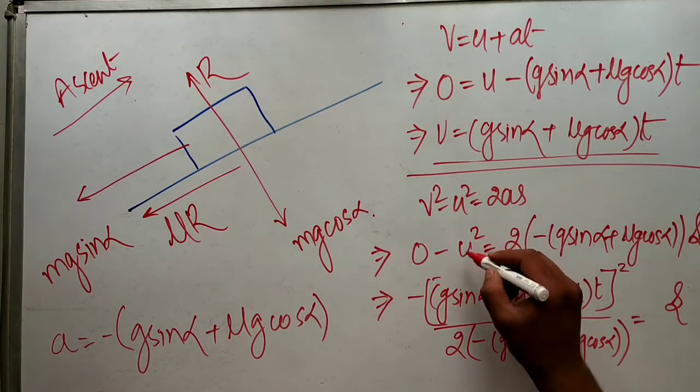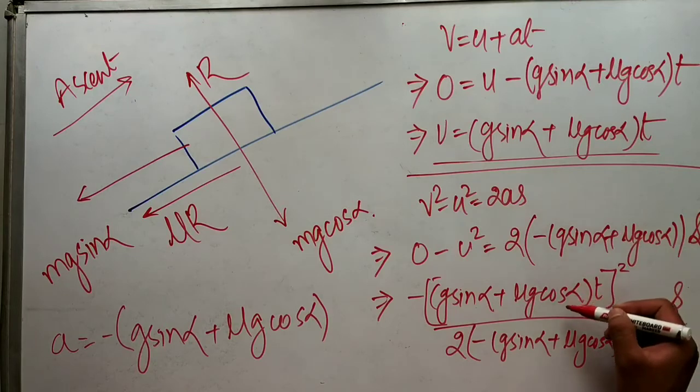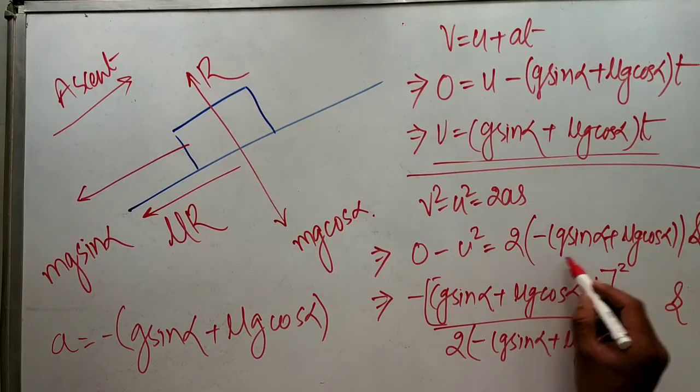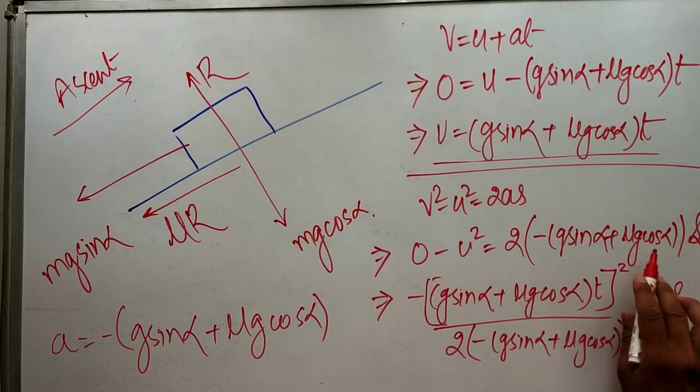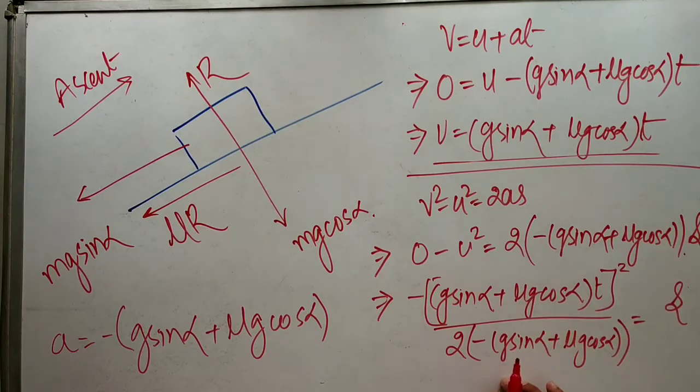What have I done here? I have put the value of u from here, and this factor 2 times this much I have put down in the denominator. This helps us find the value of s.